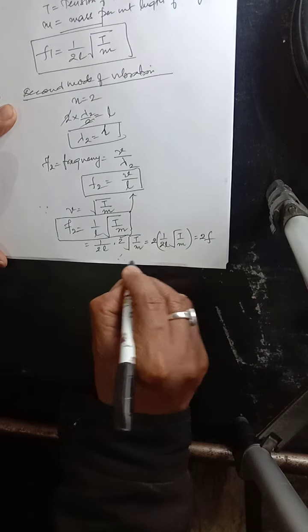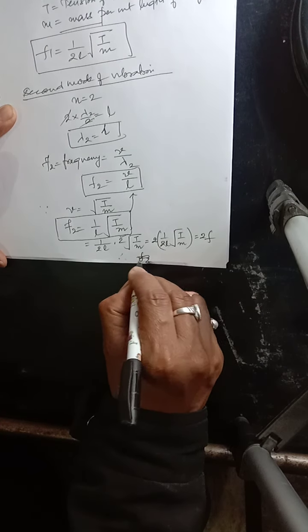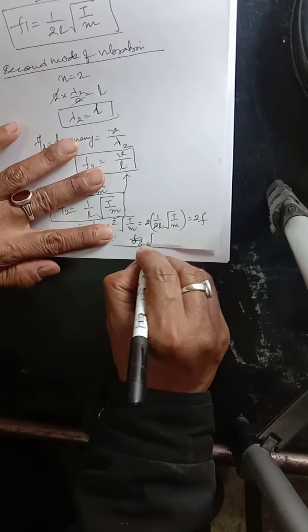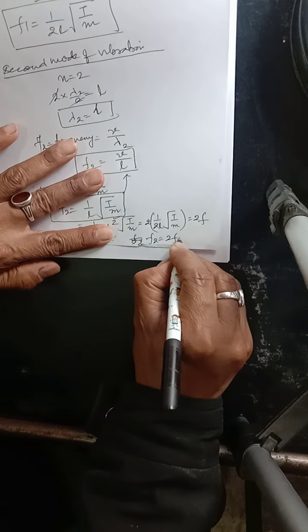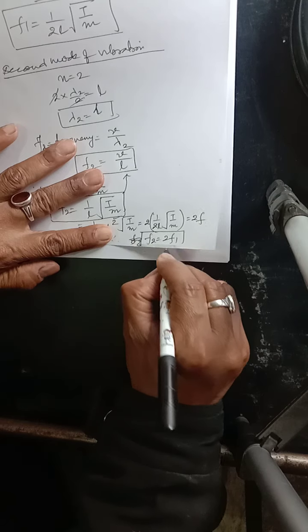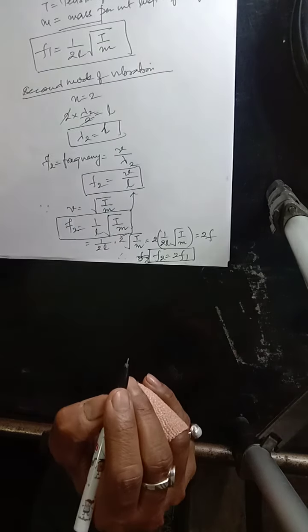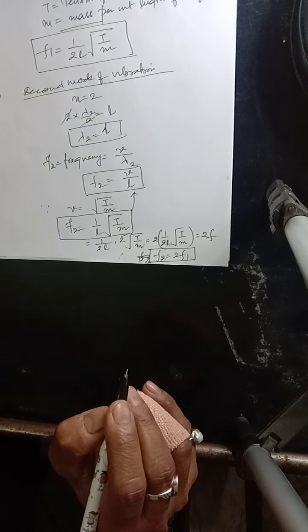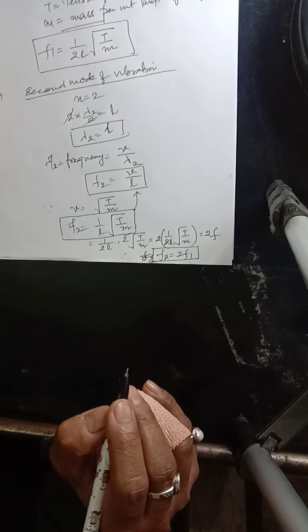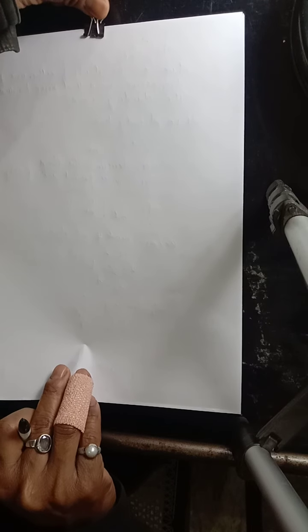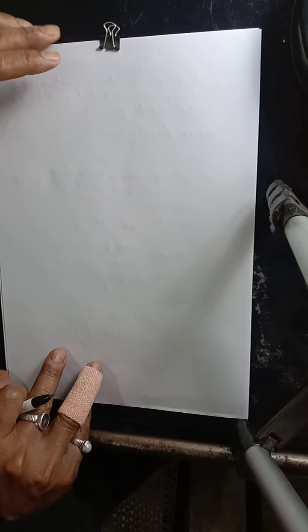So we got the relationship that F2 is equal to 2F1. Now we have the frequency of the second mode.